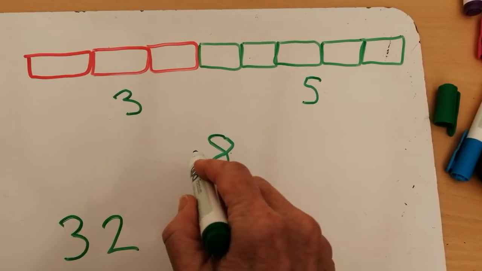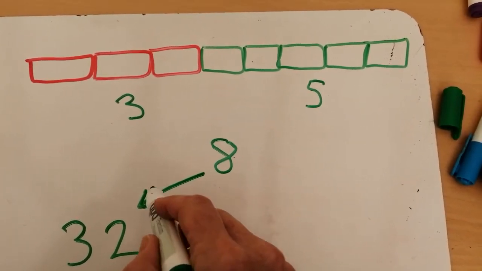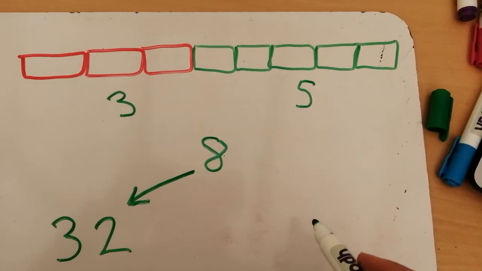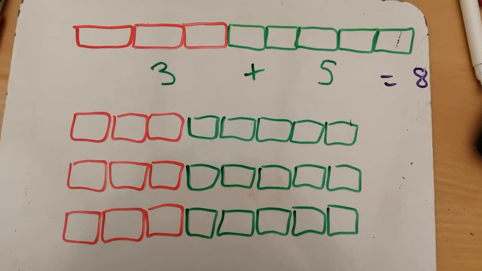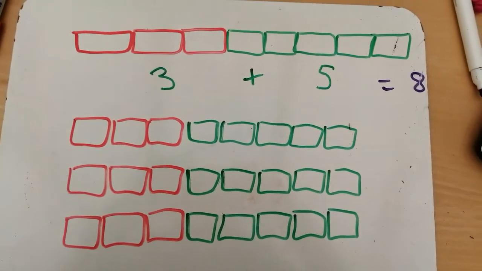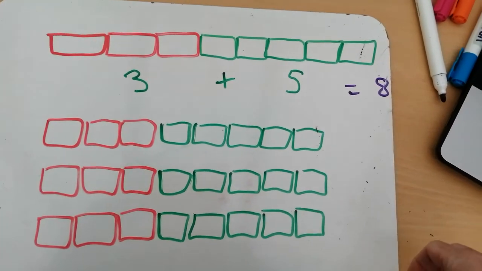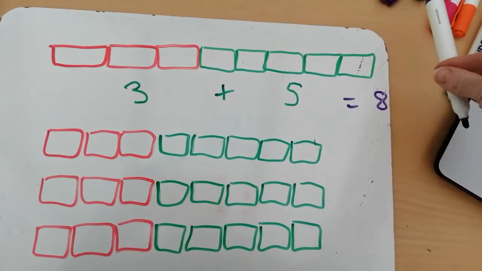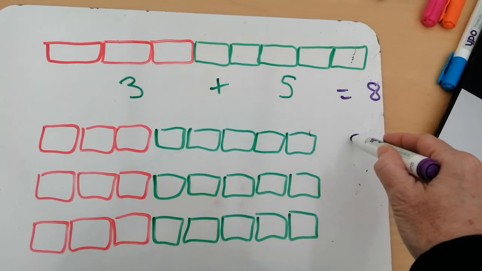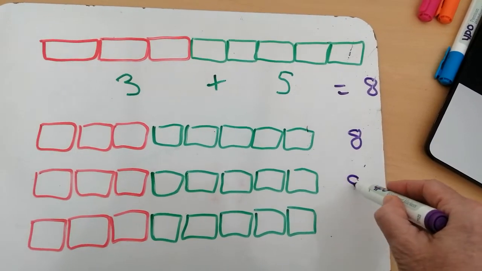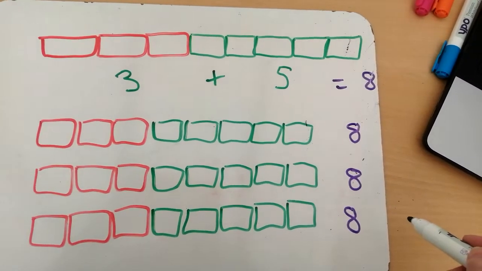So think about how many times that pattern will repeat itself in the total of 32 sweets. So if we know that one pattern of 3 to 5 gives us 8 sweets in total, and we know there are 32 sweets in the entire packet, then we've got 8, 16, 24, 32. We've got 4 lots of 8.